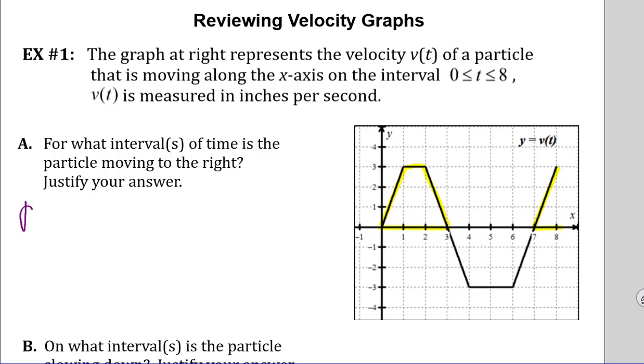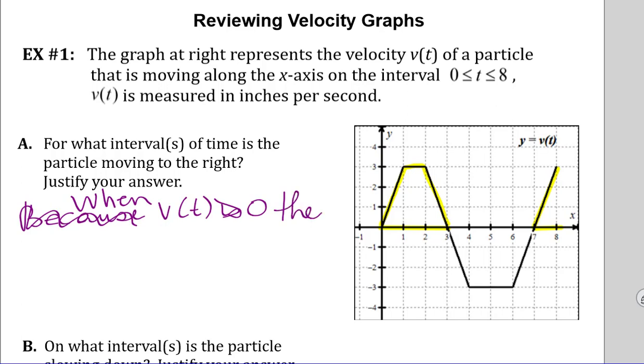So for what interval of time would we have our particle moving to the right? Okay, because when V of t is greater than 0, the particle moves to the right.